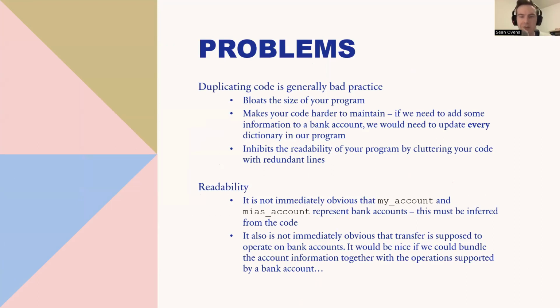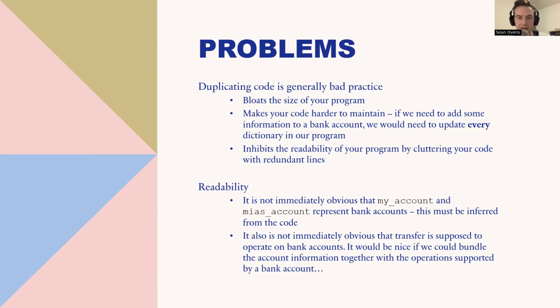Also, if I'm reading this code and I look at the transfer function that we just wrote, it isn't immediately clear that transfer is supposed to work on bank accounts, right? Python doesn't actually enforce any type information, so I could hypothetically call transfer with any kind of arguments that I like. And again, it would take some effort for me as a reader to determine that the transfer function is actually supposed to work on bank accounts.